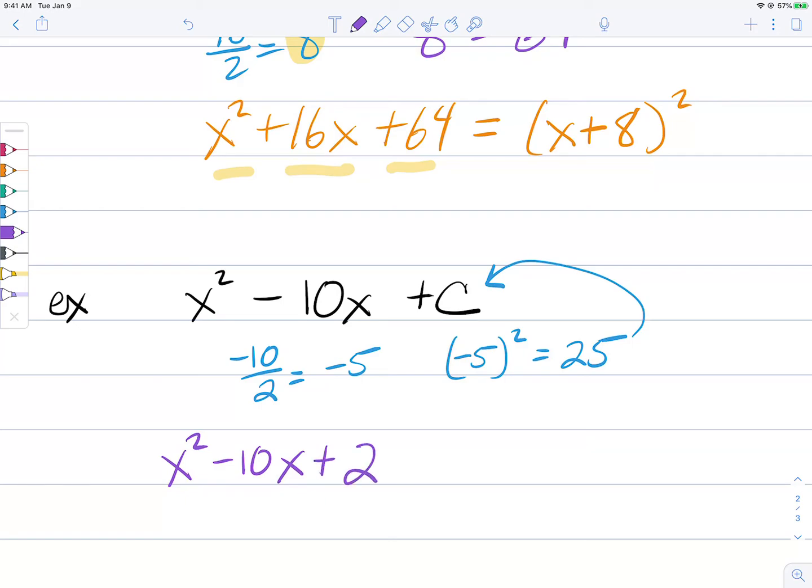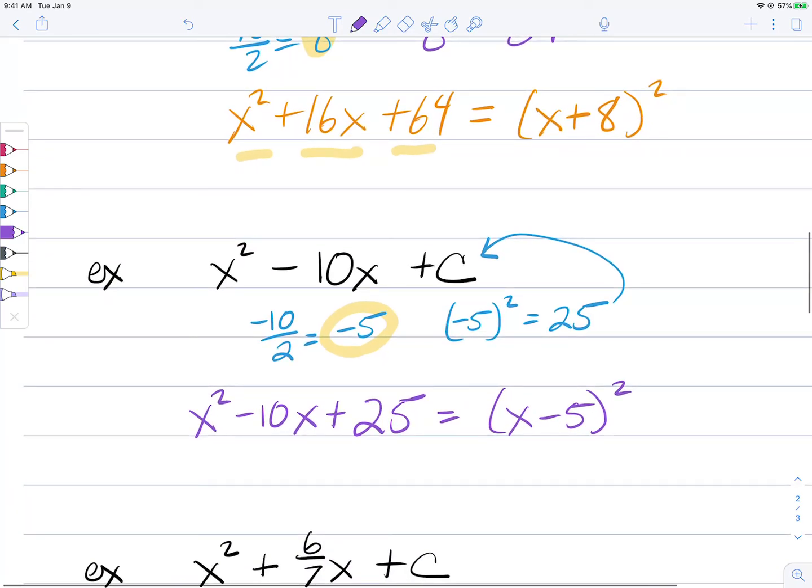If I wanted to write a trinomial square that starts off with x squared minus 10x, I would need plus 25. Keep in mind, b divided by 2 is the key to our factored answer, because that makes it x minus 5 squared. So factored is x minus 5 squared.